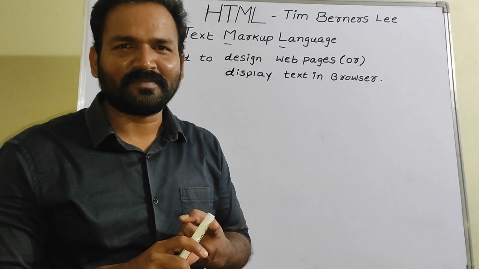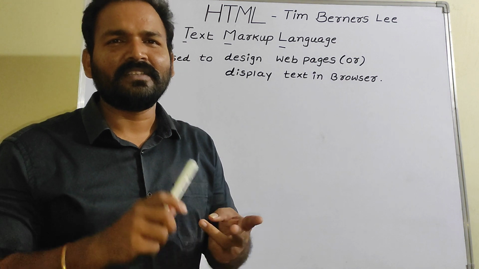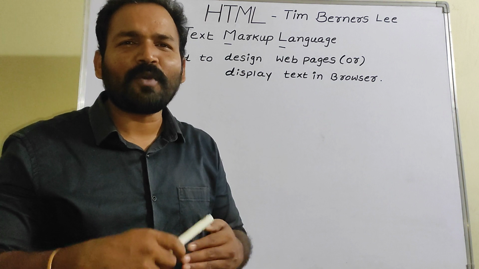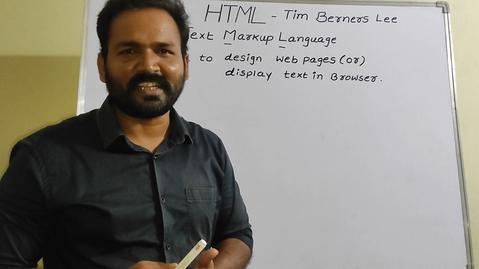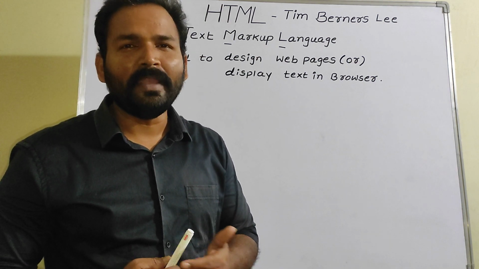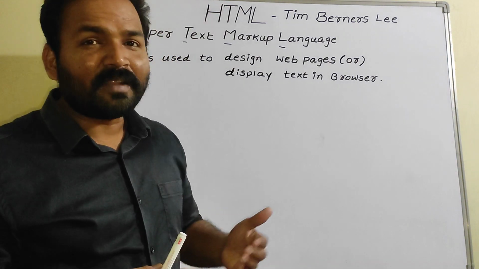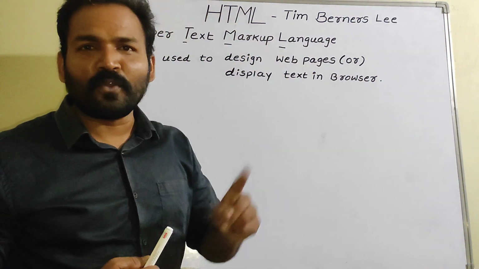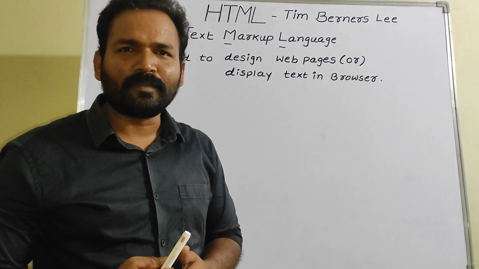C language. Okay, C, C++, Java, Python. All these are programming languages. .NET, C#, VB.NET. Okay. All these are programming languages. HTML is not a programming language. It is a markup language.